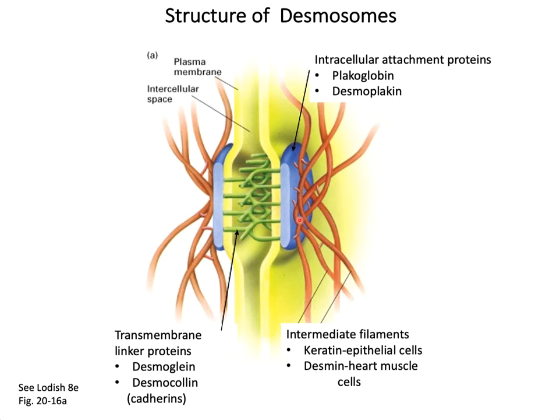Then you can see the intracellular attachment proteins in the blue, and examples of the intracellular attachment proteins in desmosomes are plakoglobin and desmoplakin. And finally, you can see the collection of plaque proteins interacting with the intermediate filaments. In the case of epithelial cells, these intermediate filaments are probably keratin. In the case of heart muscle cells, these intermediate filaments are probably desmin.